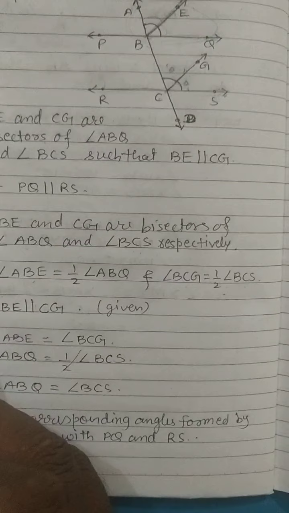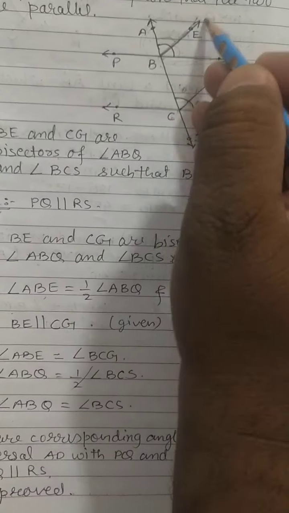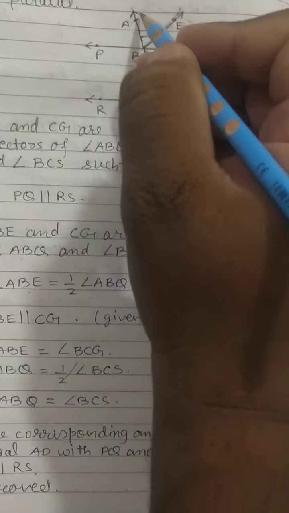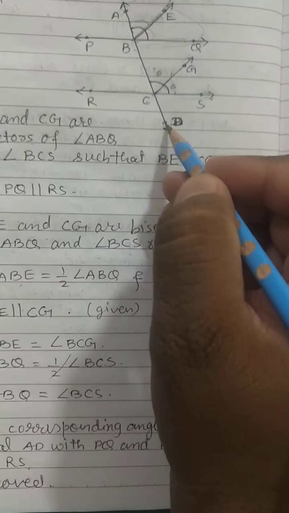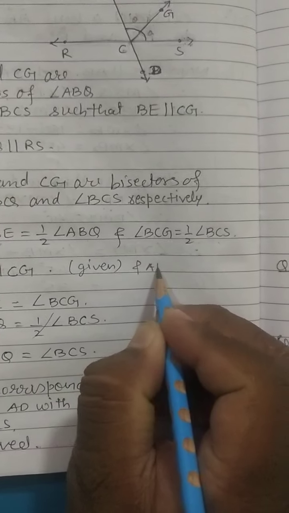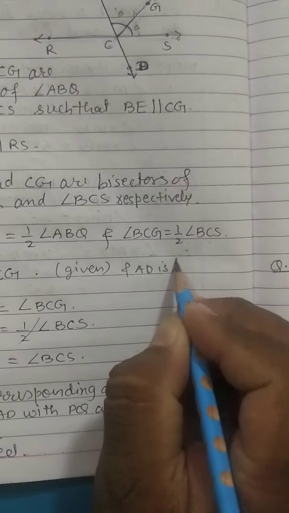But it is given that BE and CG are parallel, and you can check AD is a transversal.